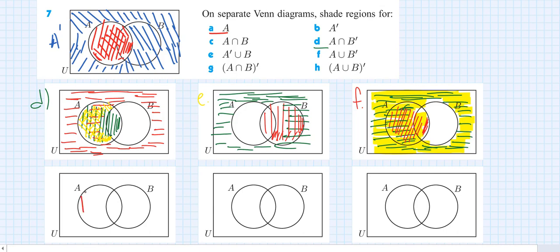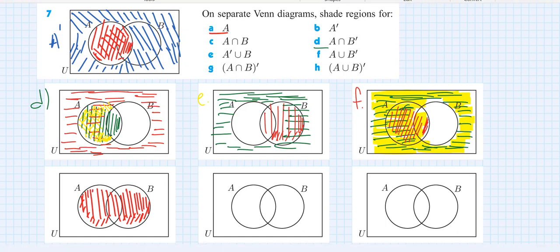Let me color it. This part is A union B. And its complement will be the area which is outside this red colored part. So it will be outside of this part, and let me show it with the green color. It will be this one.